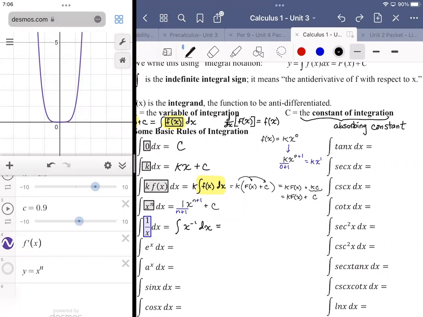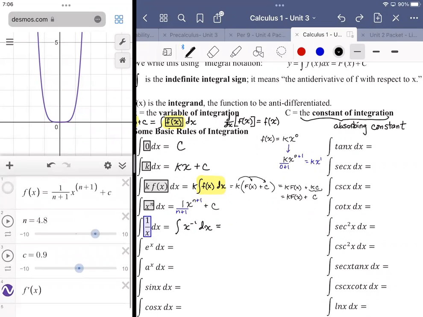All right. So let me show you in Desmos. Let's say, I have my reverse power rule written in here. Right. You have your f of x is equal to the 1 over n x to the n plus 1 plus c.